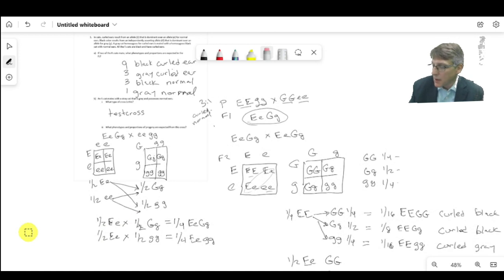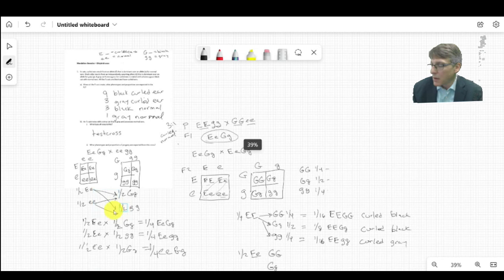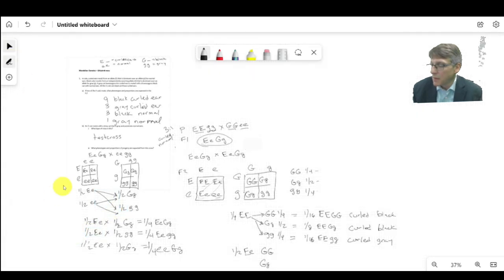And same thing again. You have 1/2 little e, crossed with 1/2 big G, little g, equals 1/4 little e, big G, little g. And then the last one is the same.